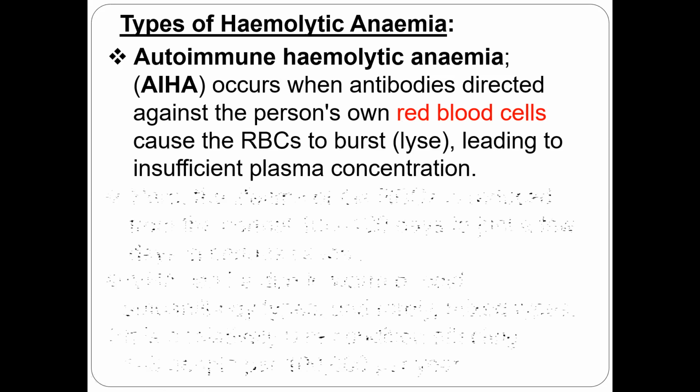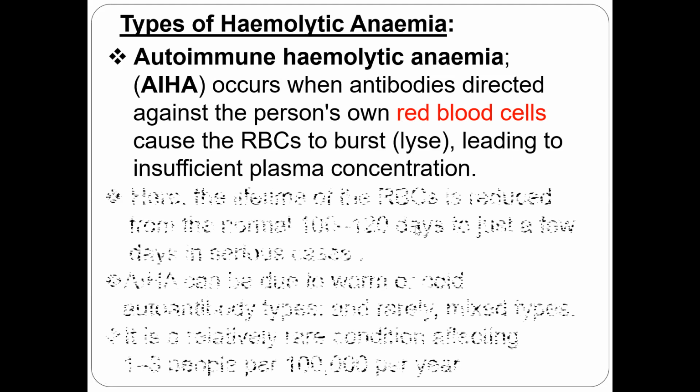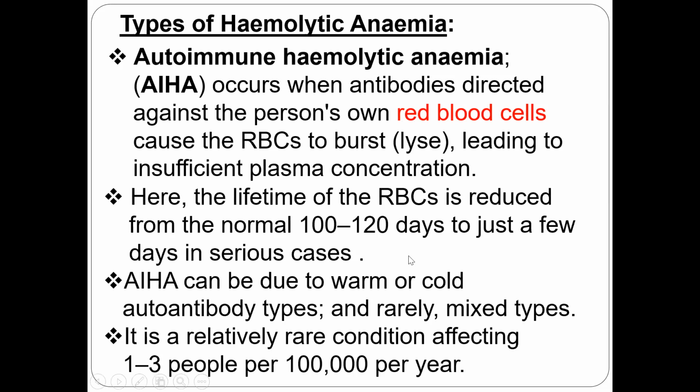Here, the lifetime of the red cell is reduced from the normal 100 to 120 days to just a few days in more serious cases. AIHA can be due to warm or cold antibody types, and rarely the mixed type. It is a relatively rare condition affecting 1 to 3 people per 100,000 per year. So whether the antibody reacts at 37 or at 4 degrees, you will still be hemolyzing the red cells.